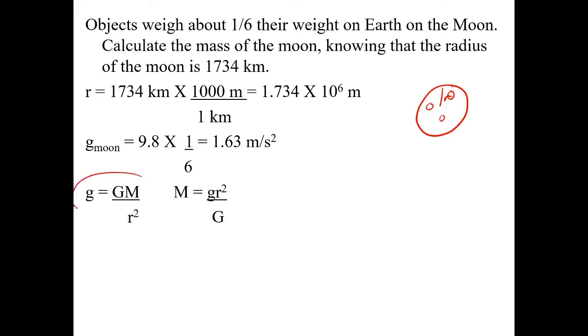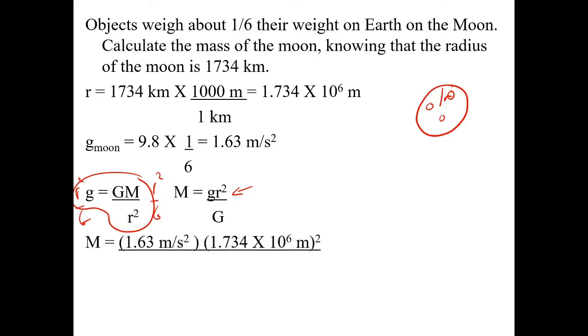Now I have this formula, we just did it in the last slide. I'm not going to go through it again, and we want the mass. So I'm going to multiply both sides by r squared over big G. We get m is g r squared divided by big G. Now it's just a matter of substituting, and remember, we're using these values for the moon.